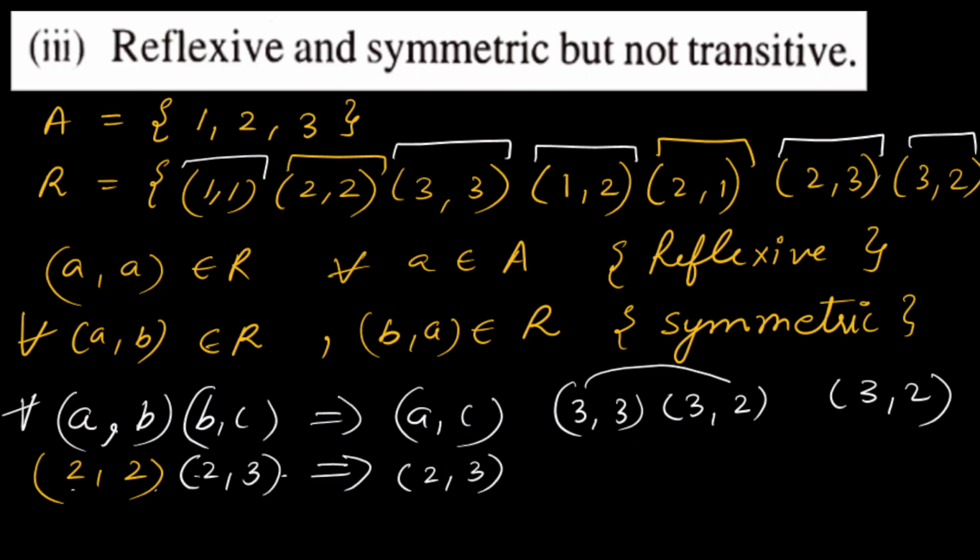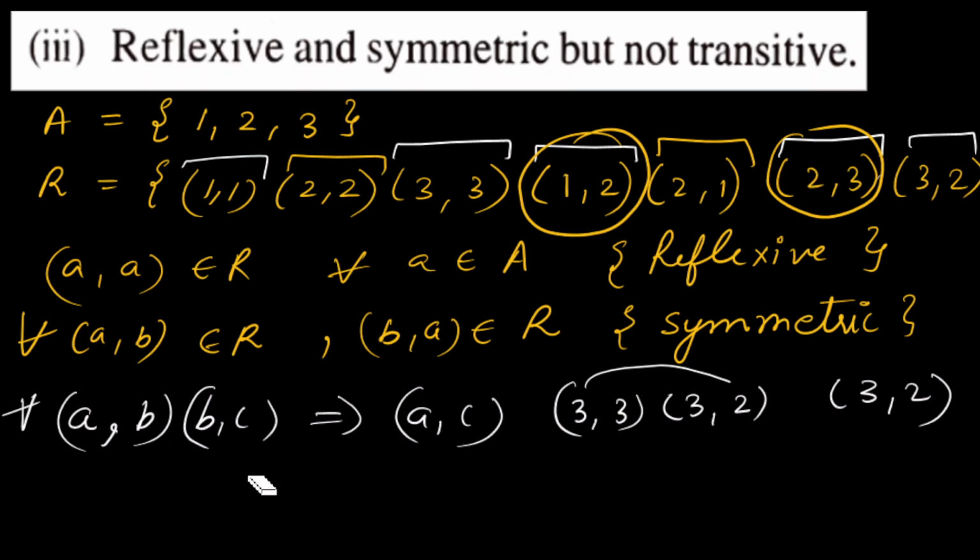Now let's see. I have (1, 2) and (2, 3). These two also I can consider as (a, b) and (b, c). So (a, b) I am considering as (1, 2) and (b, c) is (2, 3).